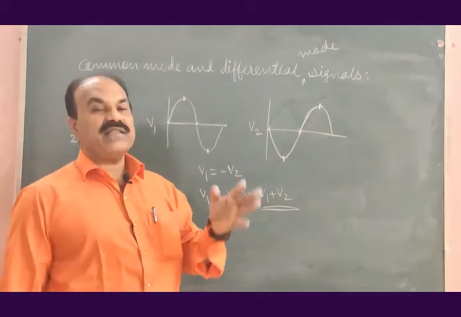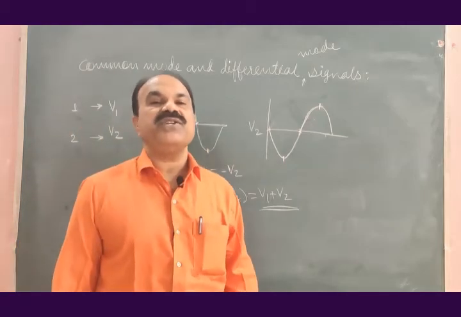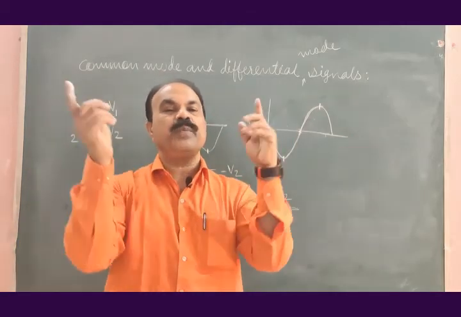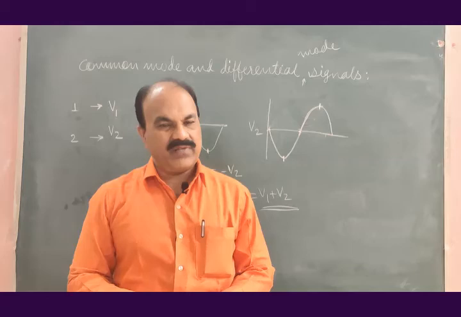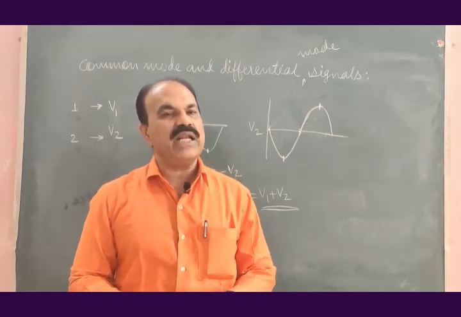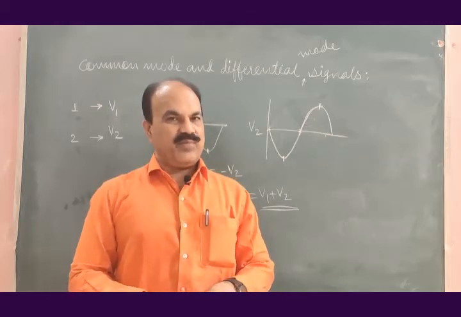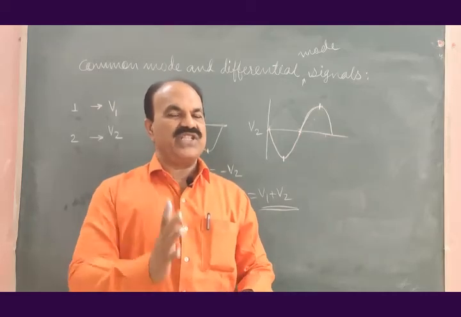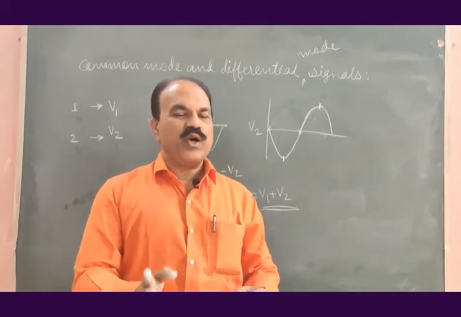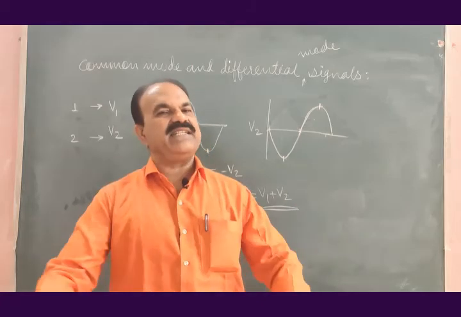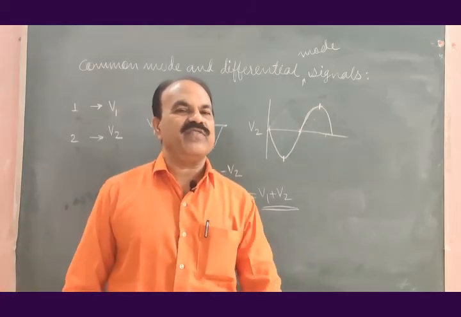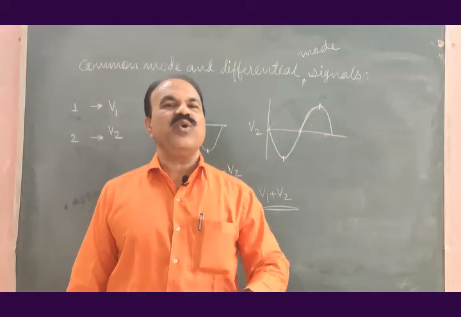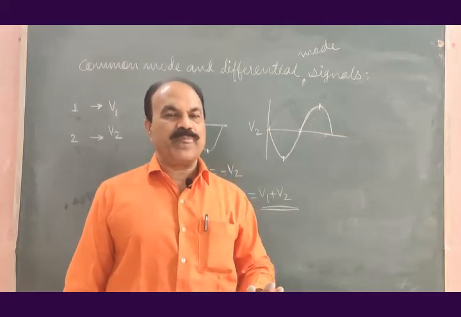So, these are the two ways of application of input voltages to the differential amplifier: common mode signal and differential mode signal. Voltages are never applied in common mode signals because the common mode signals are rejected by the differential amplifier and the corresponding output is 0.